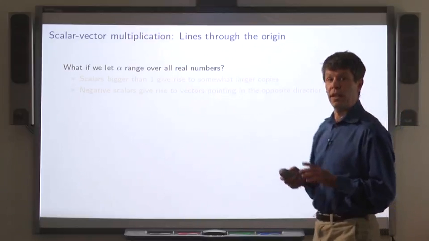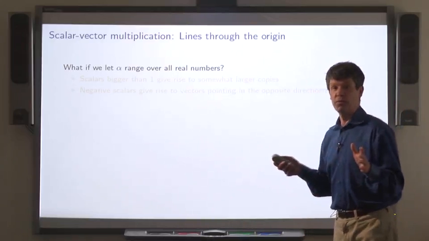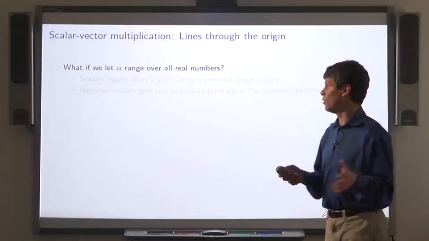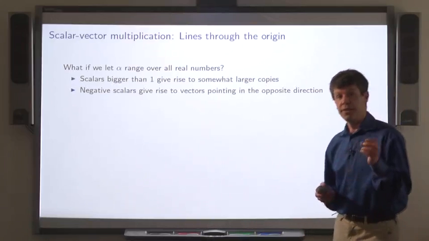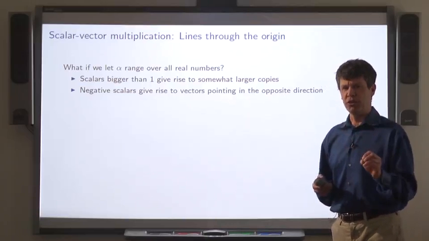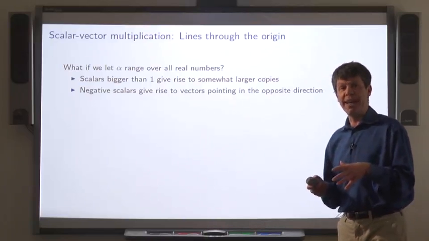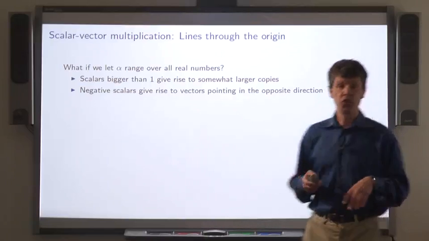What if we let the scalar alpha range over all real numbers, rather than just the numbers between 0 and 1? Well, the scalars bigger than 1 will give rise to arrows that are longer than the original vector. And the negative scalars will give rise to arrows in the opposite direction. Let's try it out in Python.